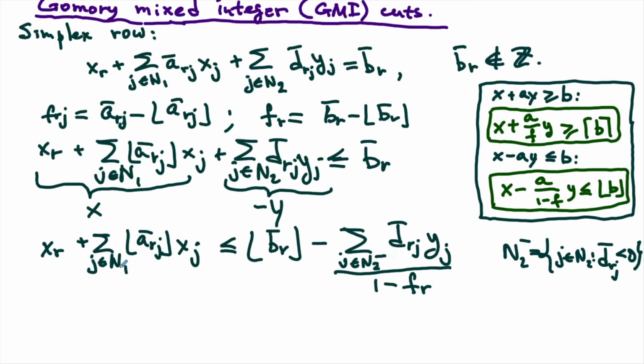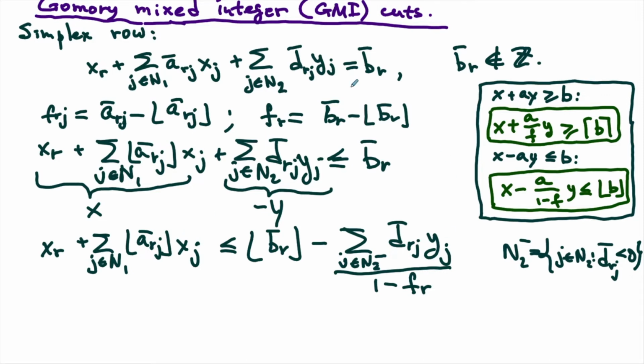Okay, so now thinking about it, what if the fractional part of arj is pretty large here? Then, if it is larger than the fractional part for the right hand side, then maybe rounding down is not such a great idea, and maybe we should try to keep the coefficient for this variable as it was before, and essentially treat this variable in a way similar to how we treat the continuous variable.